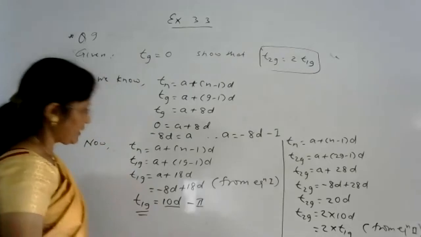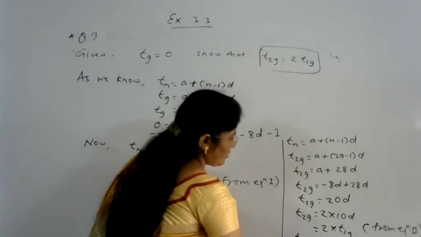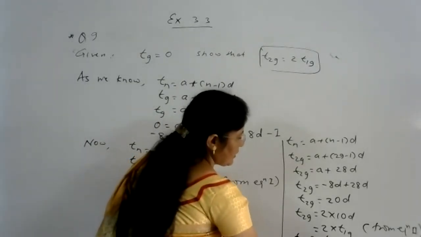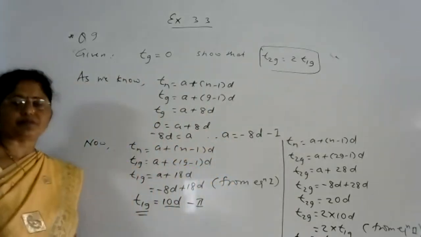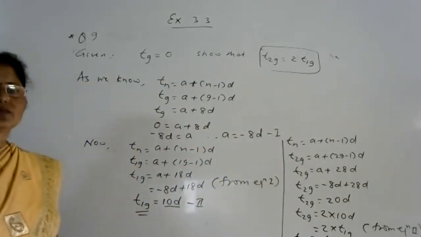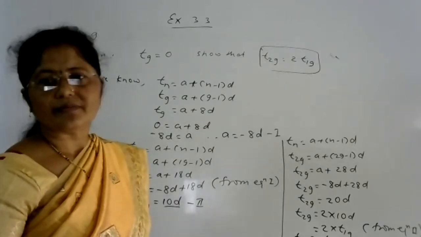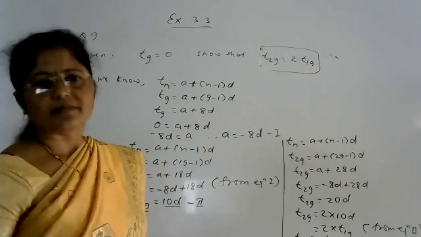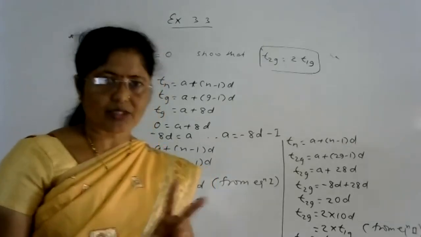Hence, the 29th term is twice the 19th term. Hence shown, twice the 19th. Understand or not? Yes. Twice, then you'll understand.